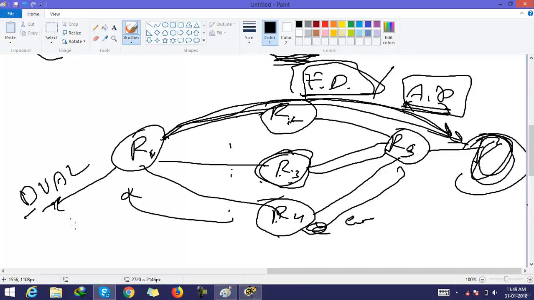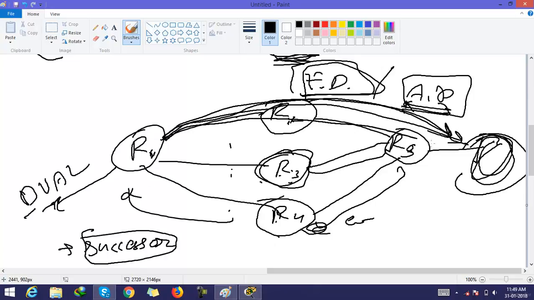The next thing to know is the successor. The best path to reach a particular network is called the successor. For example, R1 has three paths. R1 chooses the best path via the DUAL algorithm.